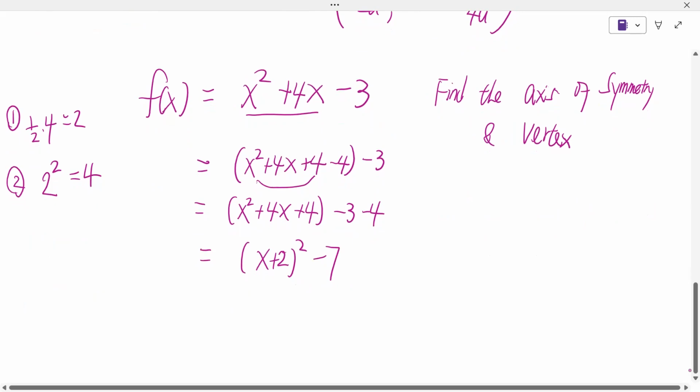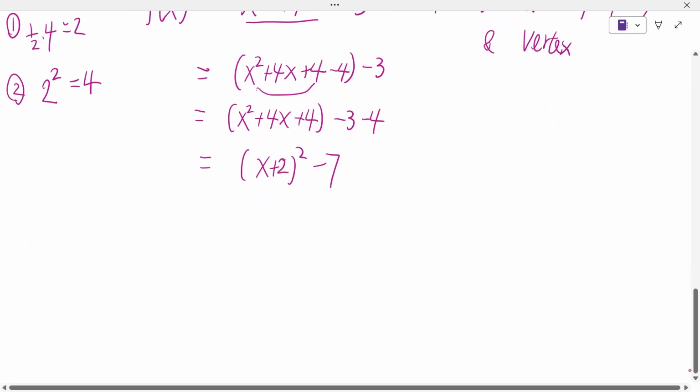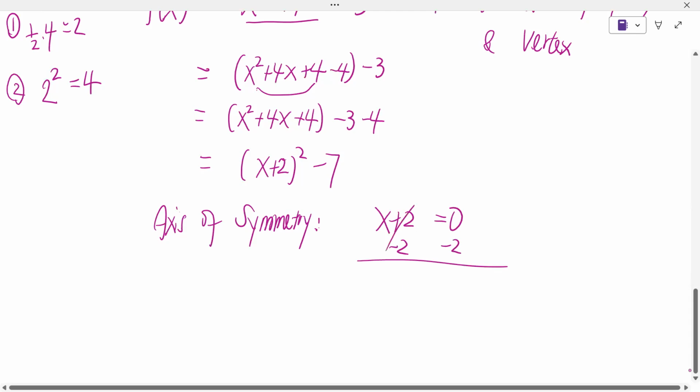Now if you want to find the axis of symmetry, you take x plus 2, set this equal to 0, and solve for x, so minus 2 on both sides, x equals -2. That's the axis of symmetry.